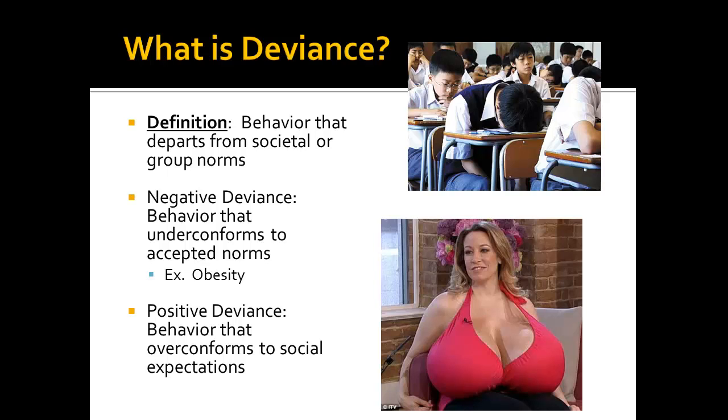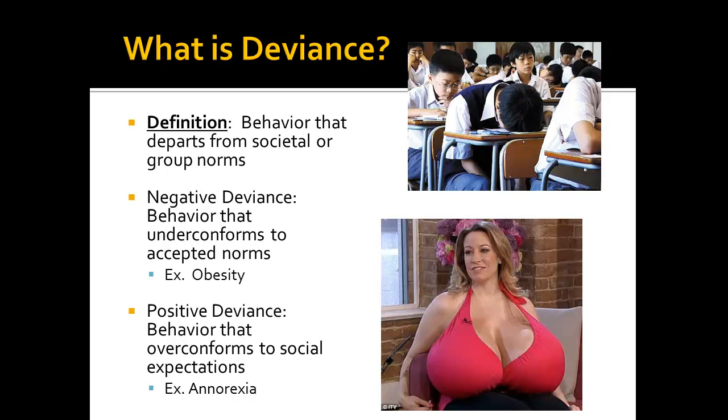They have more curves and things like that. That's considered the norm for women. This woman is taking it to a ridiculous level. She's gotten so many breast implants that I don't even know how she can stand up. But that's considered positive deviance because she's overconformed to this idea that women are supposed to be curvy. I hear she's planning on getting another one too, but ugh.